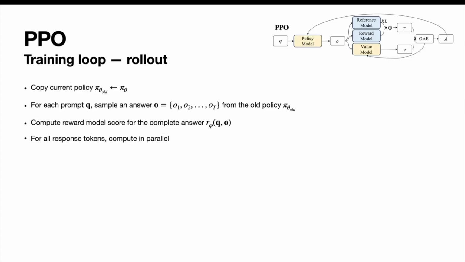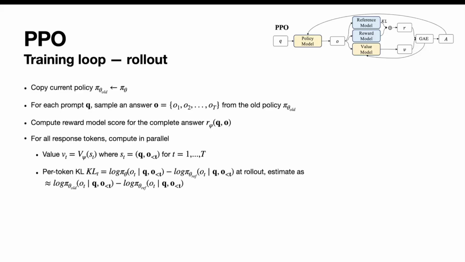Then, for all response tokens, we compute several token-level quantities in parallel. First, the value model predicts a value V_t, where the state s_t is the prompt plus the generated tokens before position t.